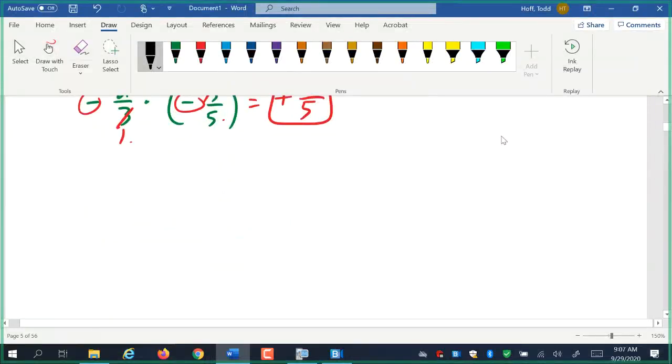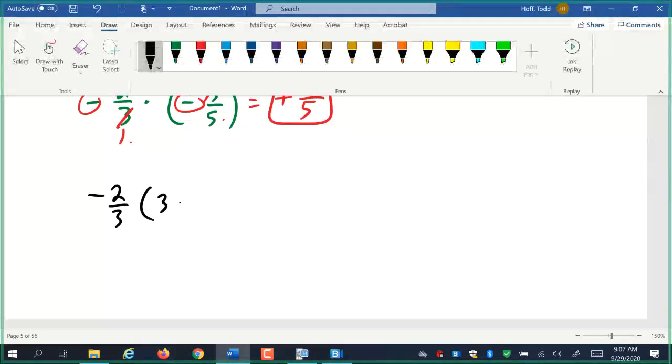We haven't talked much about algebra yet, but we might have negative 2/3 times 3x minus 5. When we do that, it's often easier to put that negative with either the 2 or the 3.